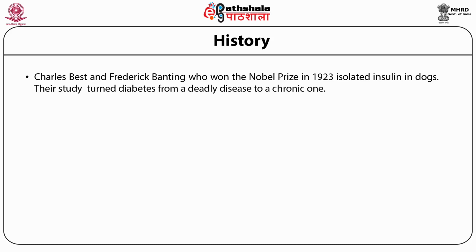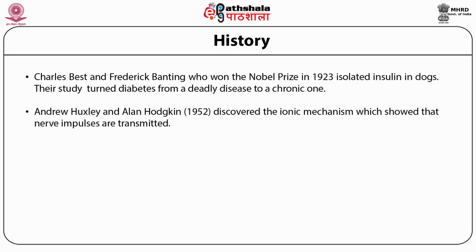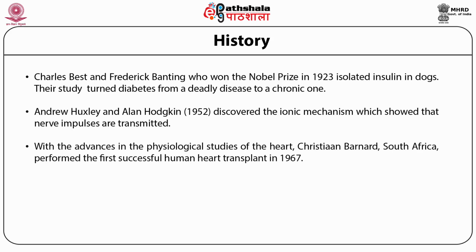Their significant study turned diabetes from a deadly disease into a chronic one. Andrew Huxley and Alan Hodgkin in 1952 discovered the ionic mechanism showing how the nerve impulse can be transmitted. With advances in physiological studies of the heart, Christiaan Barnard from South Africa performed the first successful human heart transplant in 1967.